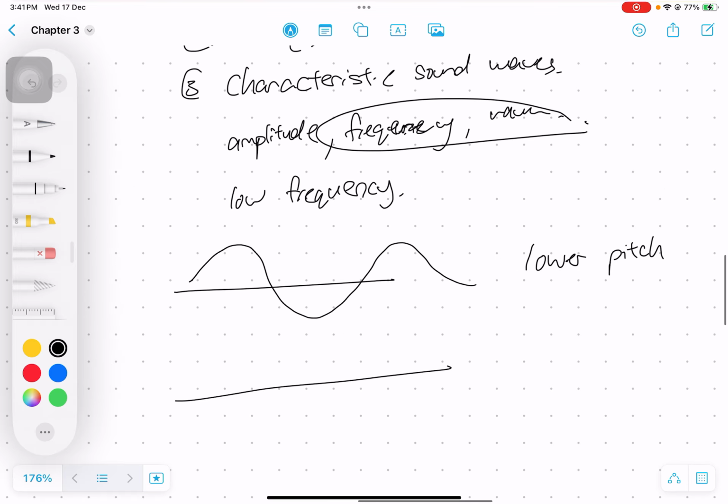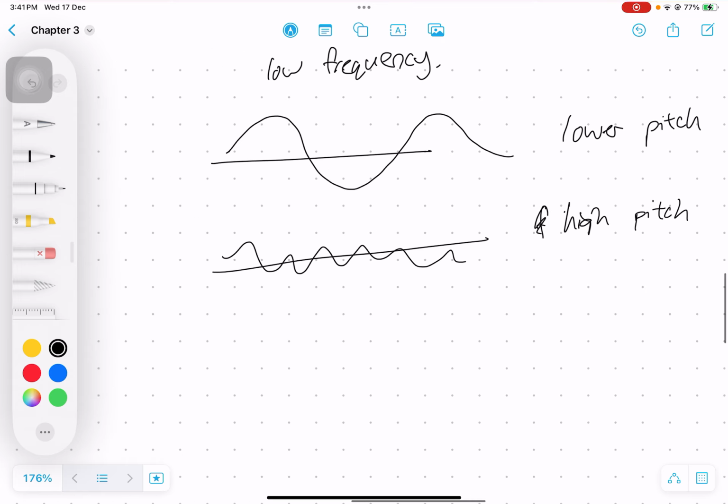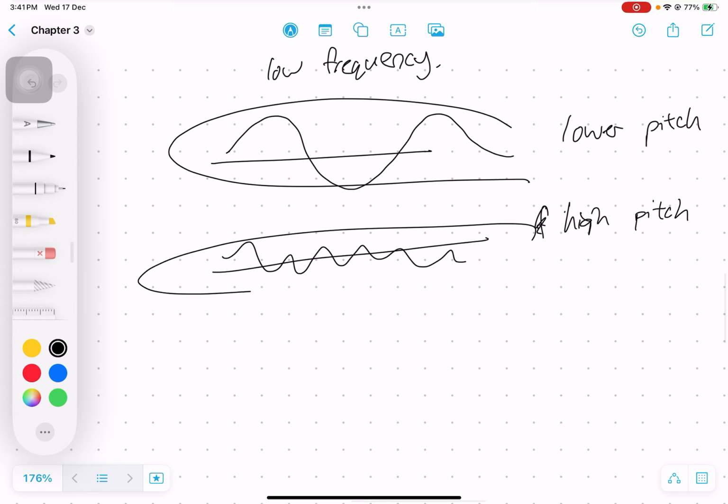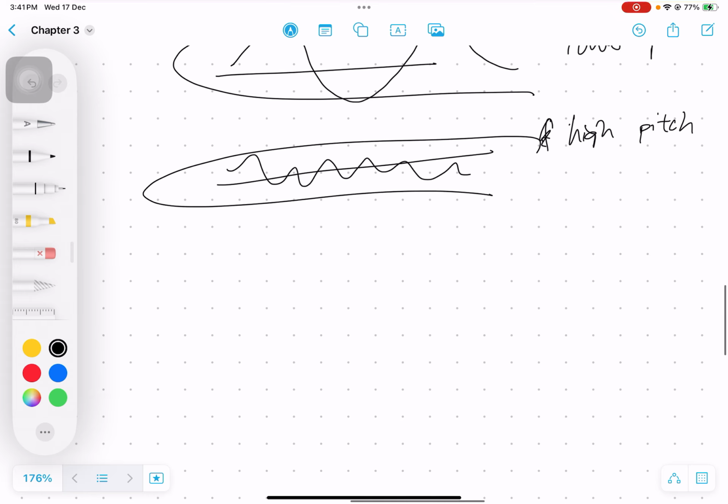High frequency means a higher voice, high pitch. Usually men talk with a lower pitch and women with a higher pitch. That's the characteristic of sound wave.